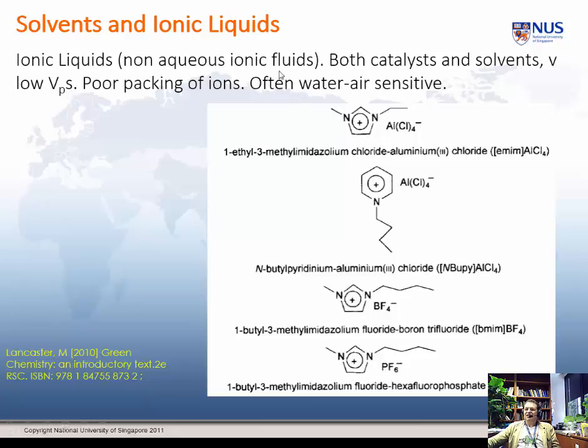The downside is there's a number of downsides. They're often water or air sensitive, so you need to think carefully about the conditions under which you use them. And you can see the types of structures, and of course you can modify chain lengths, you can modify cation to anion ratio. There's a whole load of things you can do when you're making these things.